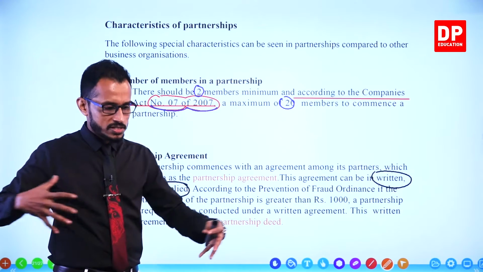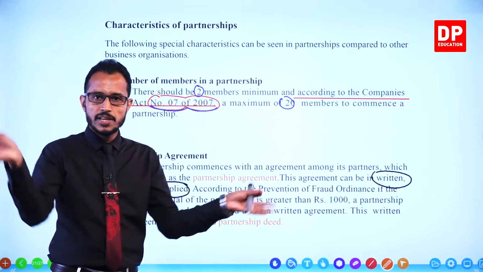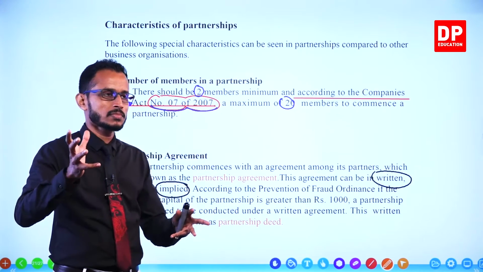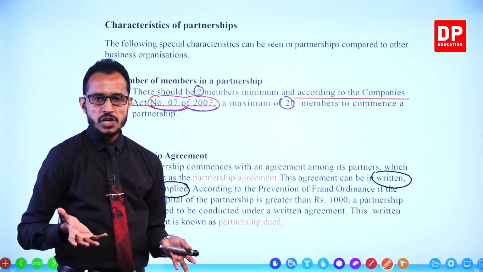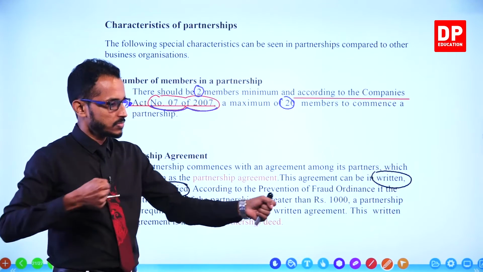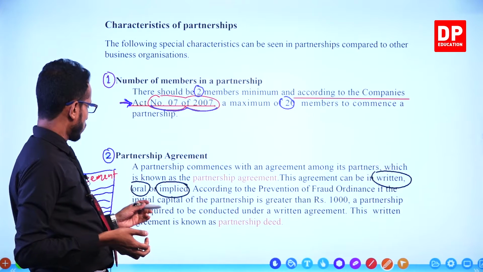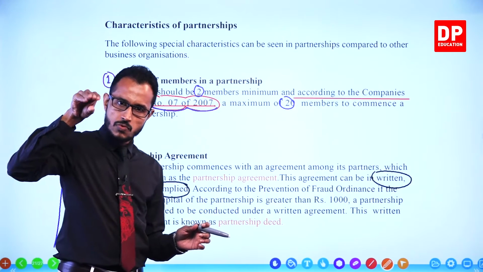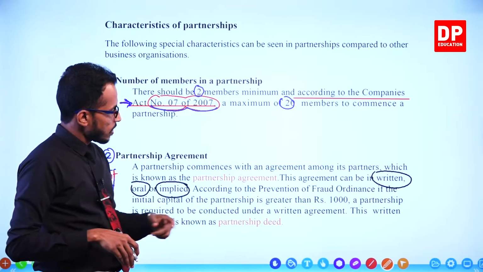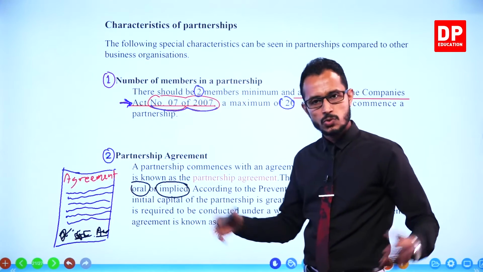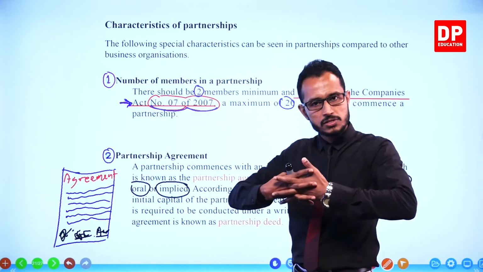Or it can be implied, by a sign conversation, body language. Implied means agreeing with each other without even talking. Oral means verbally agreeing. Written means in writing you agree with your partners.